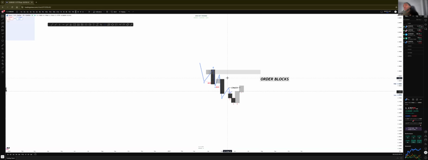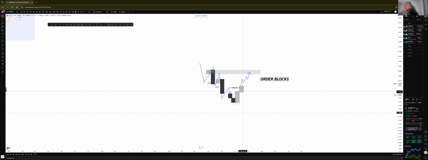Now, whenever price does come to the same order block, let's say price already tapped this once, like this, and now price is coming back to it again. It's coming back again, so this is the second tap. Whenever price is coming back to the same order block, we don't consider it to be an order block that we trade again.